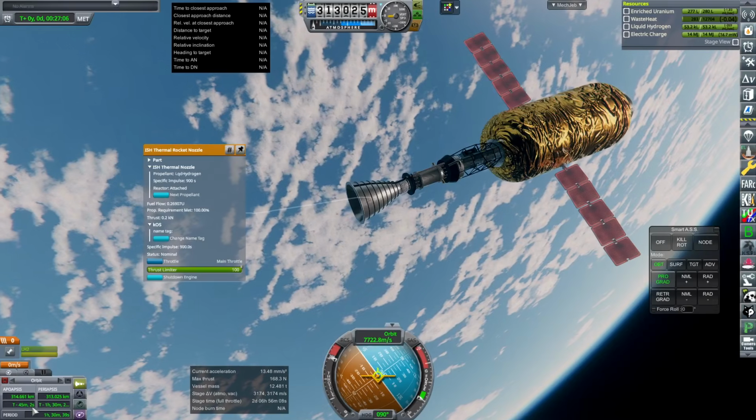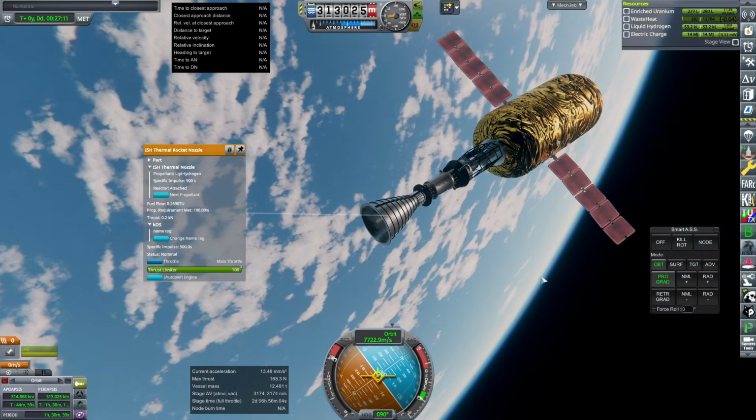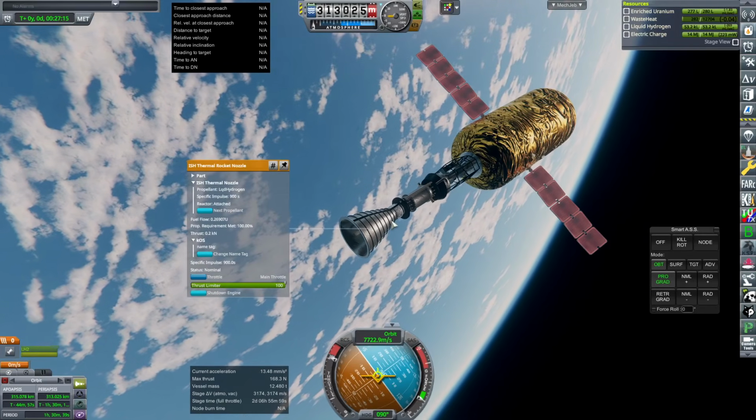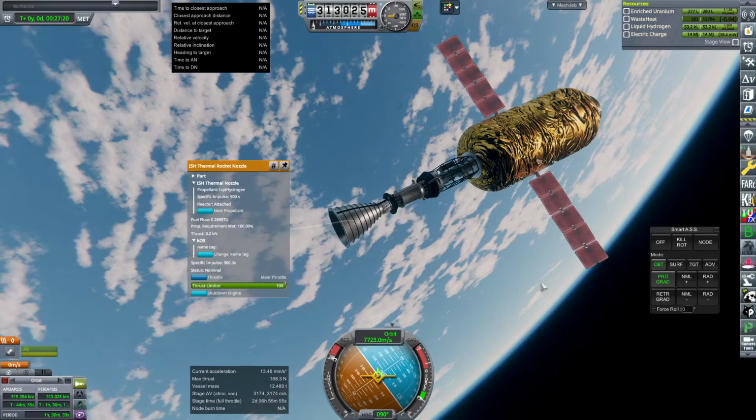It is having an effect. You can see our apoapsis is going up from the 168 newtons, and we will very, very slowly be accelerating. Of course, if you have a bigger reactor, the idea is that you can have more thrust.